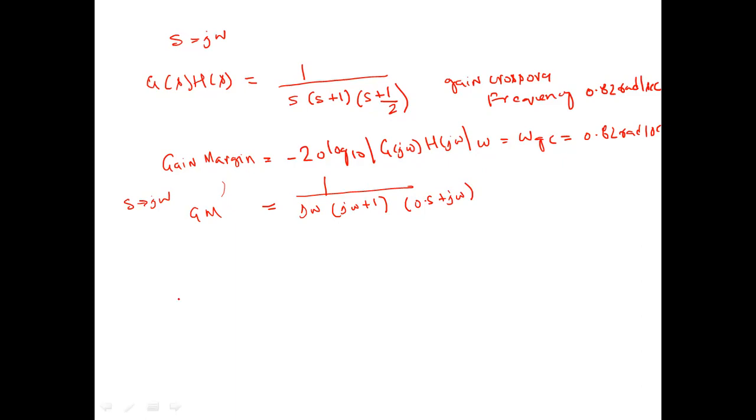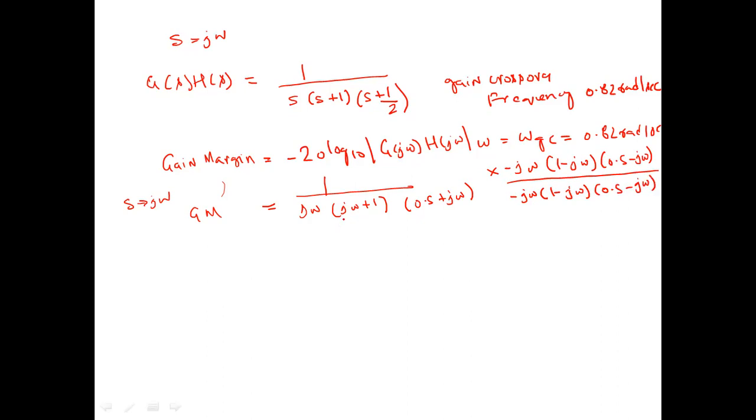You multiply this term by minus j omega, that is 1 minus j omega and 0.5 minus j omega. This is the rationalization factor. Here also you have to multiply by the same thing, 1 minus j omega, 0.5 minus j omega.